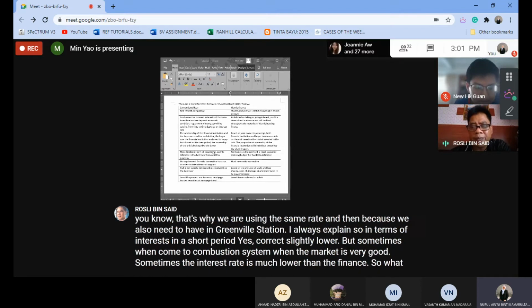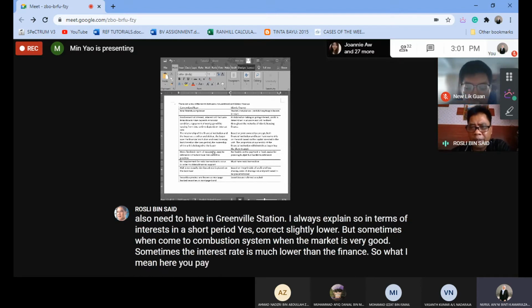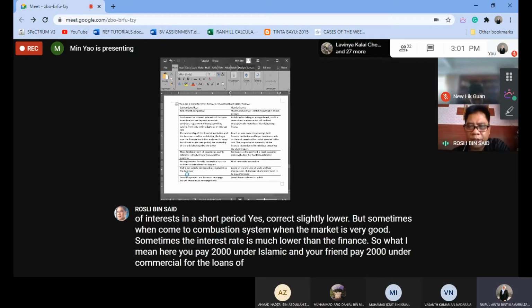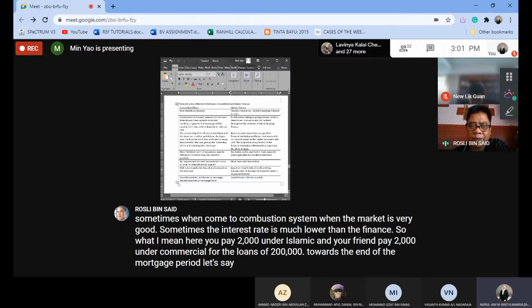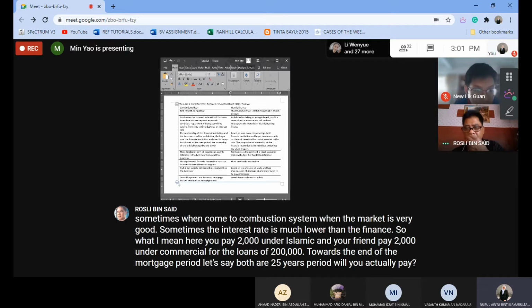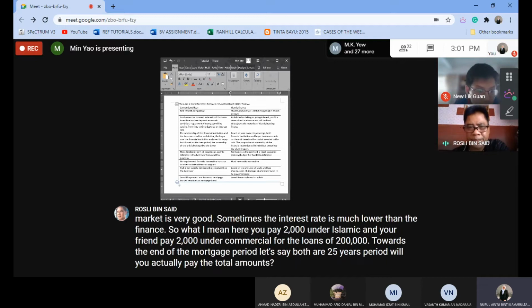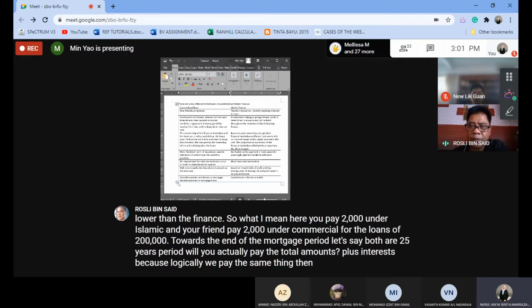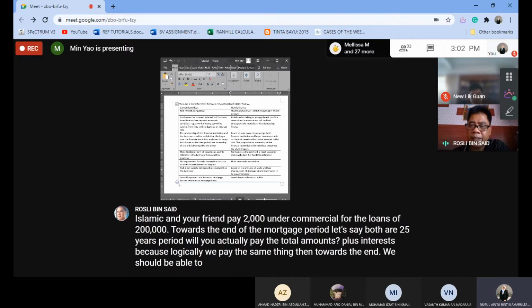So what I mean here, you pay 2,000 under Islamic, and your friend pays 2,000 under conventional for loans of 200,000. Towards the end of the mortgage period, let's say both are 25 years, will you actually pay the total amounts plus interest? Because logically, we pay the same thing, then towards the end, we should be able to pay the same amounts altogether.